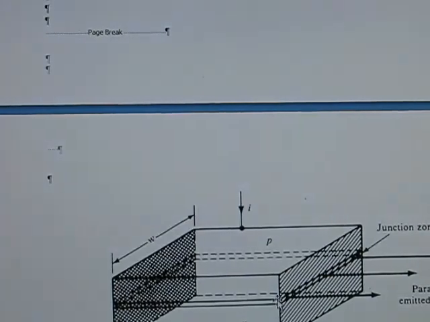So what occurs is, as we generate electron hole pairs that decay into photons, the photons go back and forth and so forth, cause other photons to be emitted, and this is above the population inversion point. And population inversion simply means that more of the atoms near the junction are excited than not excited, and we get this wave going back and forth, and part of it can then escape from this partially reflective front surface.